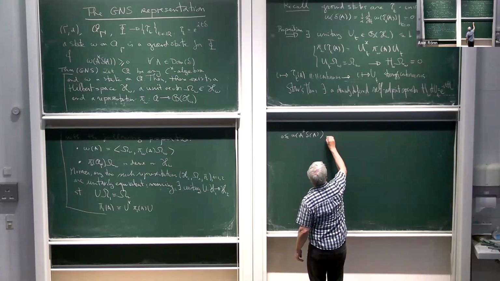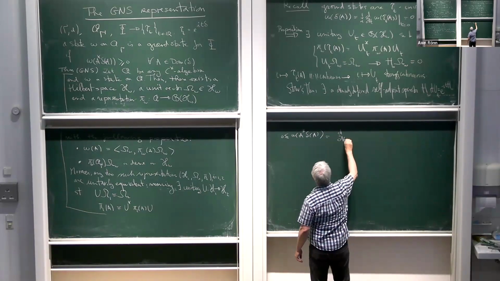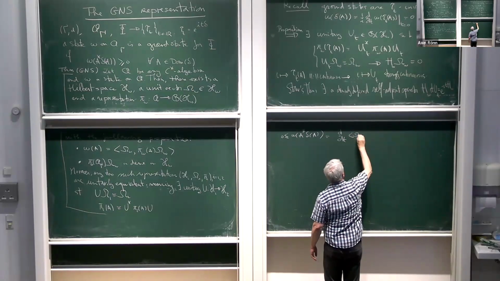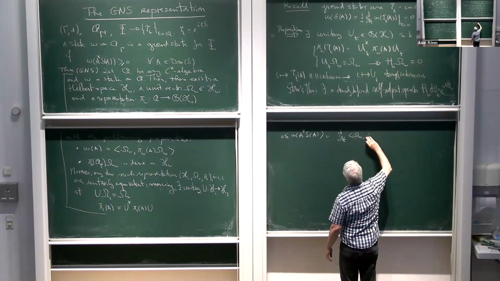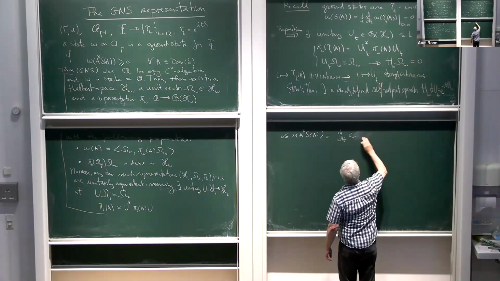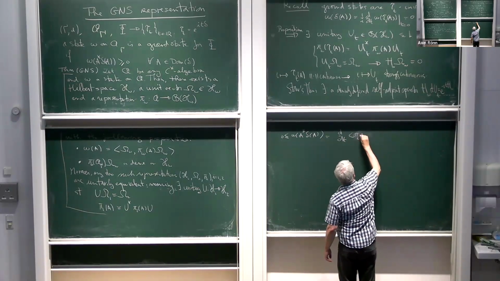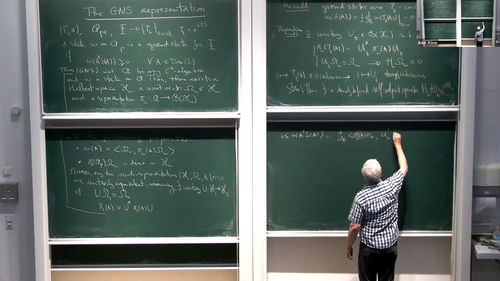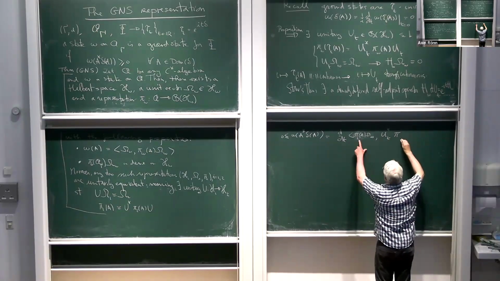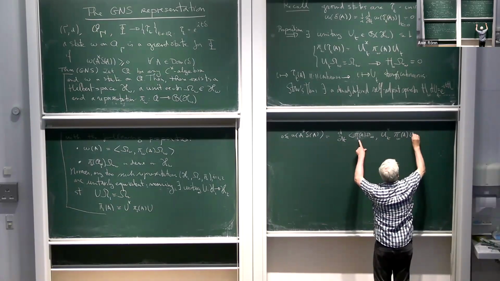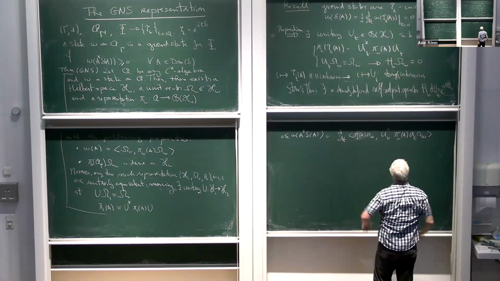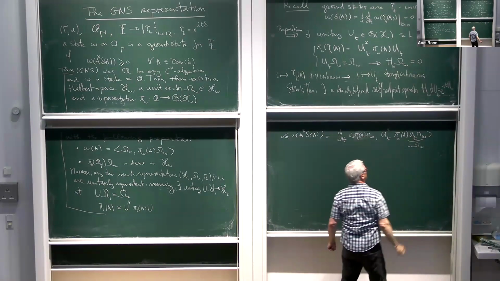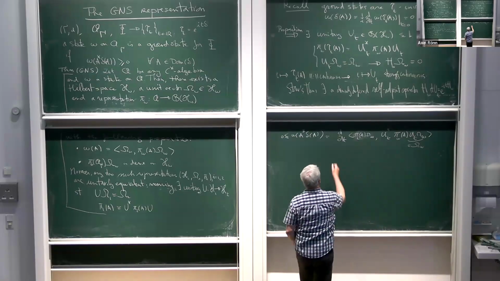I'll write it in the representation, and then we'll have that U star t omega equals U_t omega.